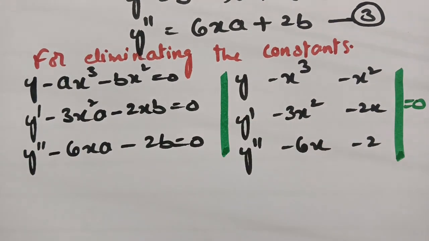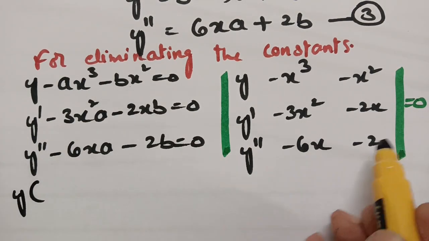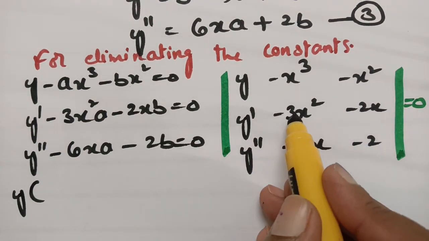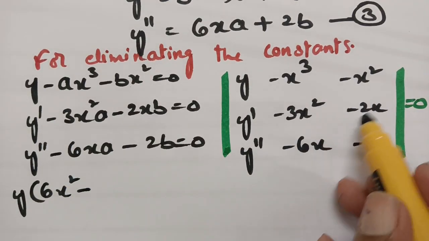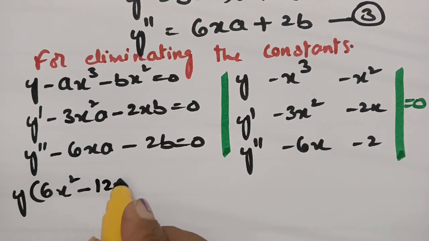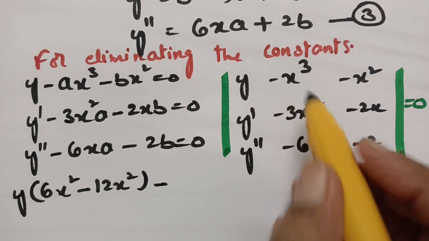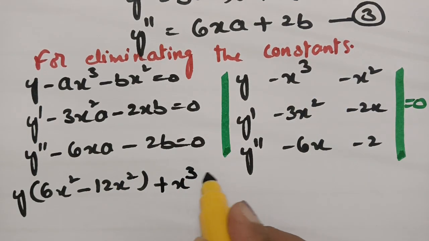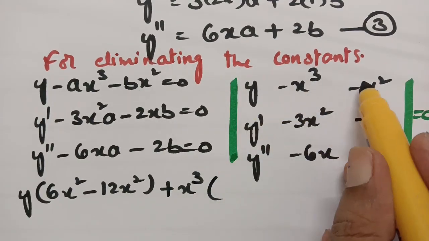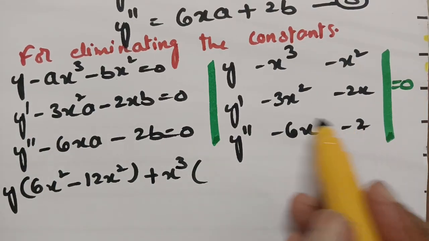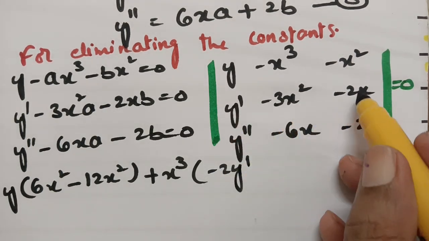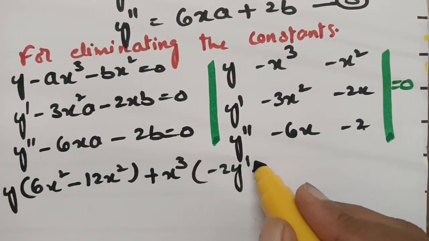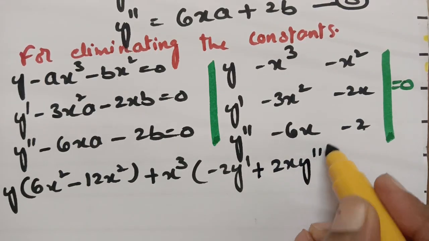So here this is y times AD minus BC, this is minus 2 into minus 3 is 6, and this is x square, minus, so if you multiply this is 12x square. Then minus x cube into, closing this row as well as this column, if you multiply this will be minus 2y dash plus 2xy double dash.